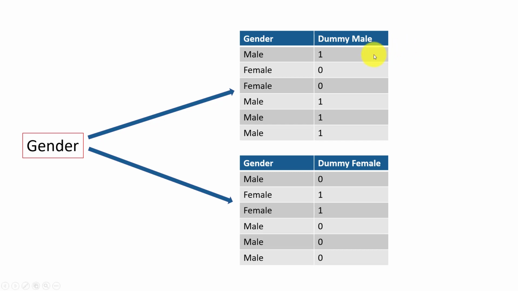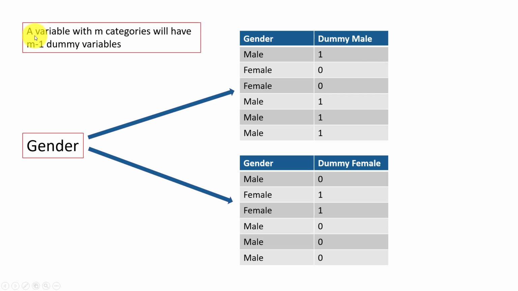For now, remember a rule: a variable with m categories will have m-1 dummy variables. Gender has two categories, so instead of two dummy variables, we would have 2-1 dummy variables.